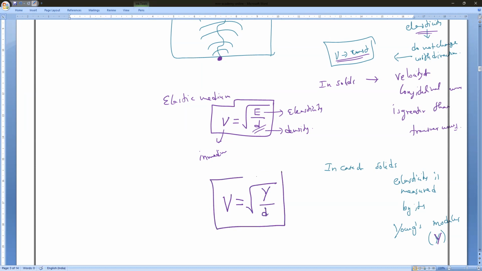This is the formula for calculating the velocity of a wave based upon the elasticity and density. Anybody having a doubt, you can ask me, please. Clear, guys?